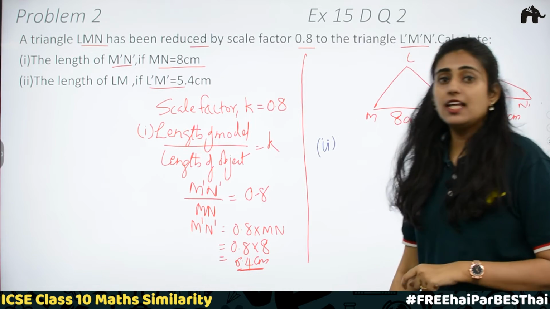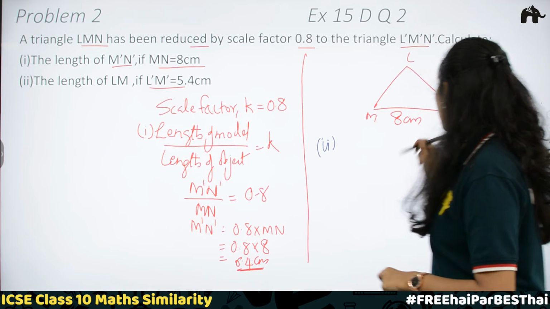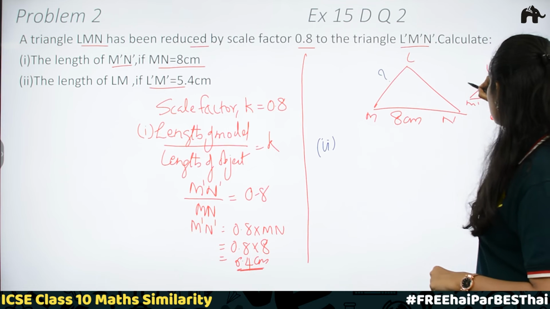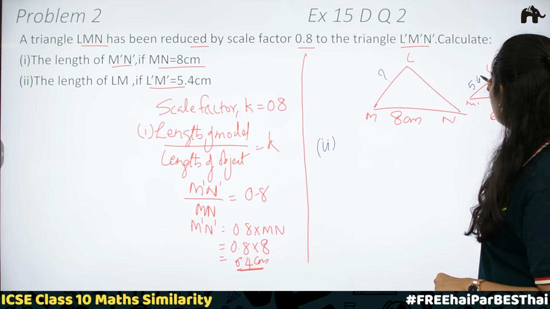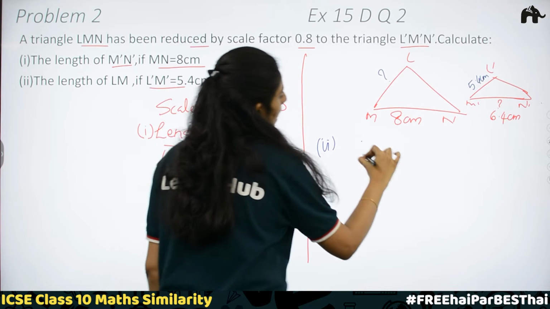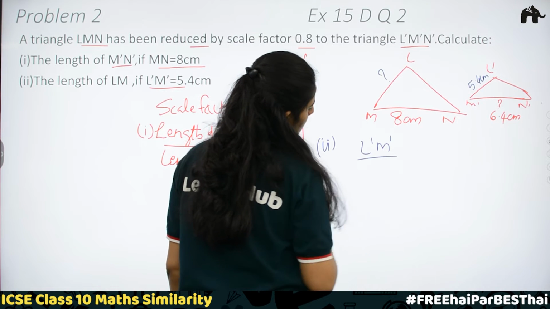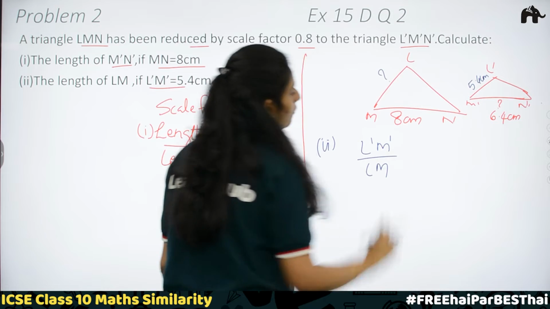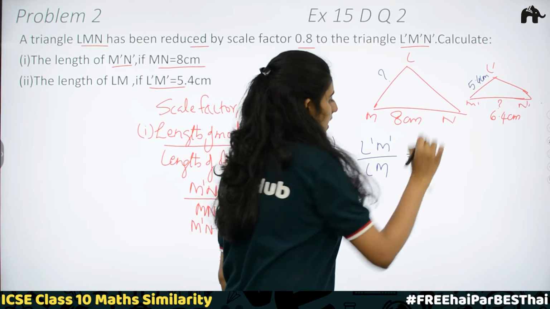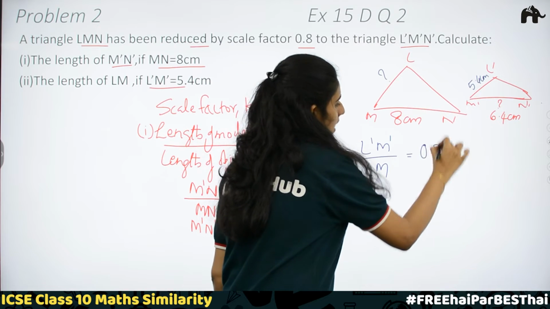Now the second, we need to find the length of LM. LM is this part. If L dash M dash is 5.4 centimeter. Okay, how to find? We'll be having L dash M dash divided by LM. Length of model divided by length of object is equal to scale factor K. K is here 0.8.